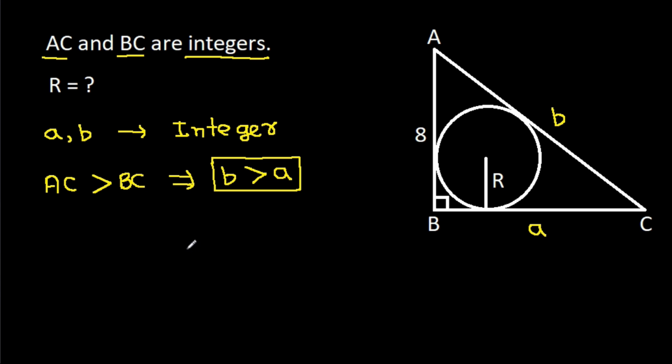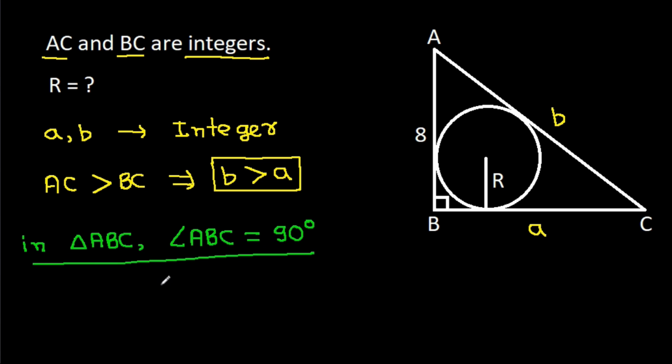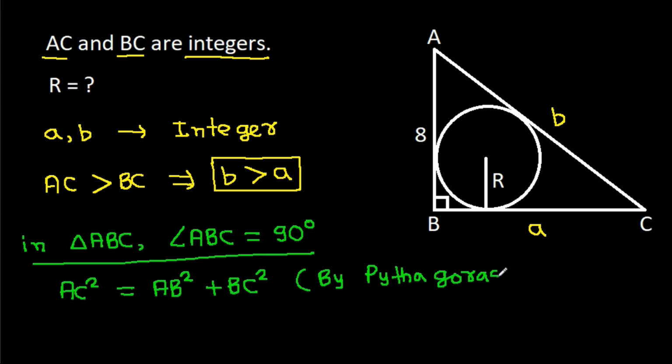And now in triangle ABC, we have angle ABC is 90 degrees. So AC square will be equal to AB square plus BC square by Pythagoras theorem.